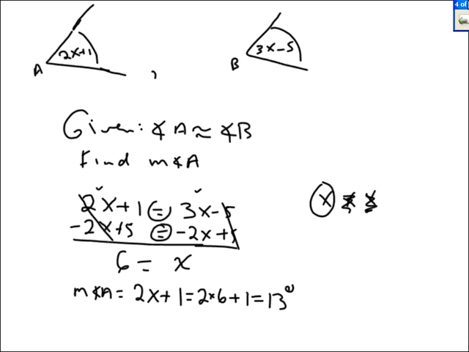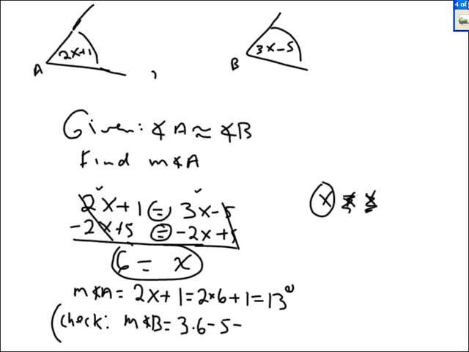13 degrees, of course. And if you wanted to check, remember, there was something special about x equaling 6. It made angle A and angle B the same. So the measure of angle B should also be 13. It's 3 times x, which is 6, that's 18, minus 5. 18 minus 5 is 13 degrees.